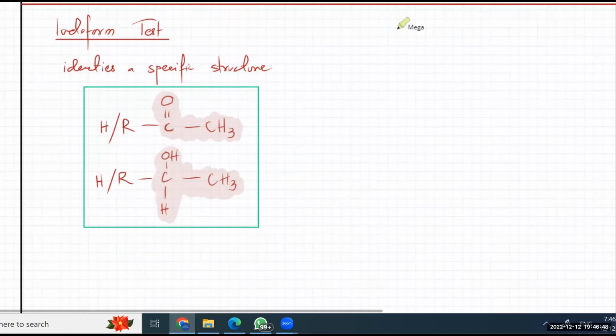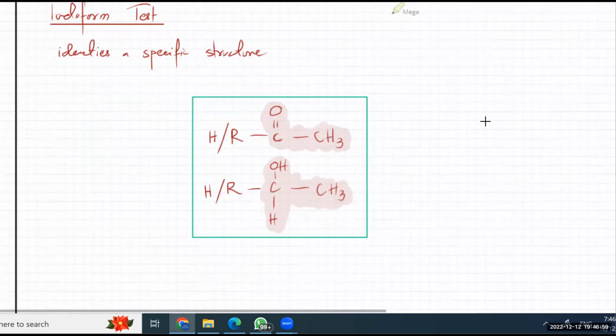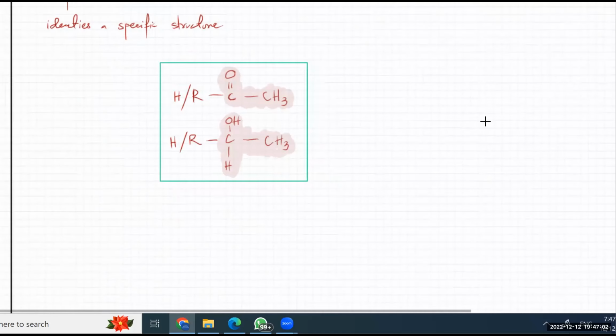If the molecule has these two structures, what will happen in the iodoform test is, we don't care about the rest of the molecule except these two structures, they will eventually break in the middle. And when they break, this side in both cases will turn into CHI3, which is known as triiodomethane.